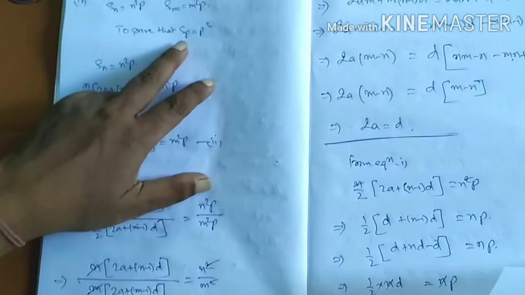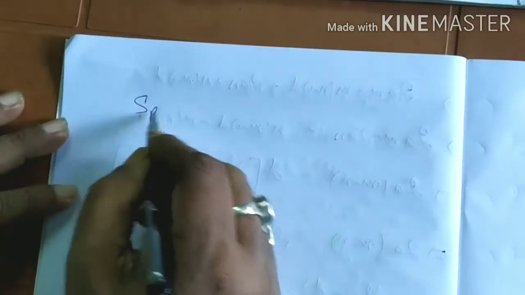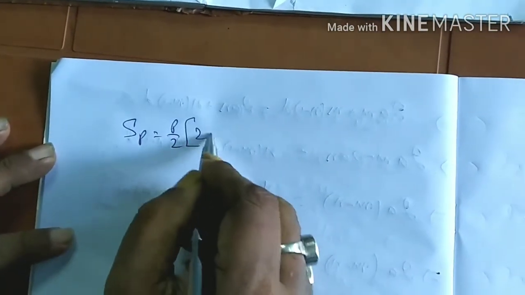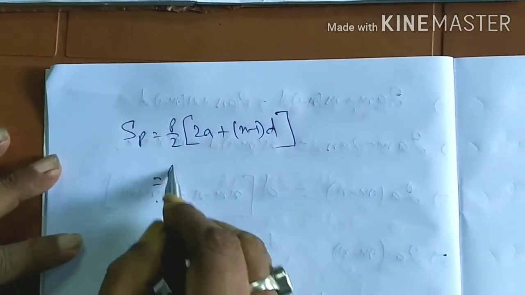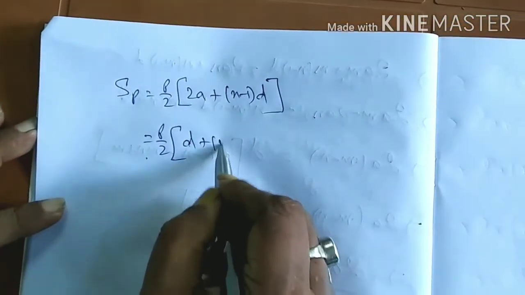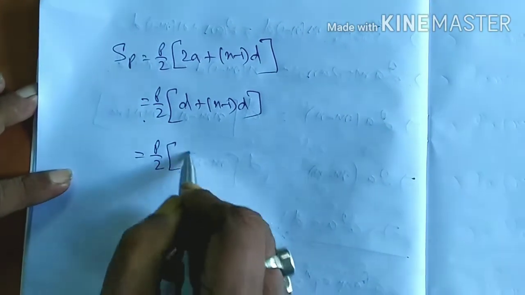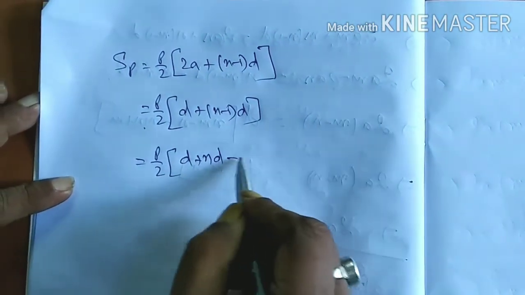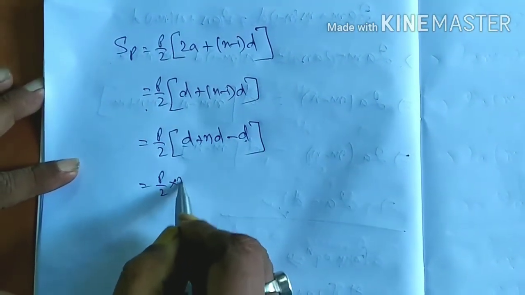Now what I have to show is that Sp is equal to pq. Therefore Sp is equal to p by 2, 2a plus p minus 1 d. Now p by 2, what is the value of 2a? Your value of 2a is d. So d plus p minus 1 d. So p by 2, d plus pd minus d. This d cancels out. So p by 2 into pd.